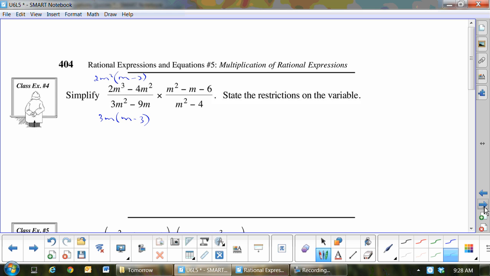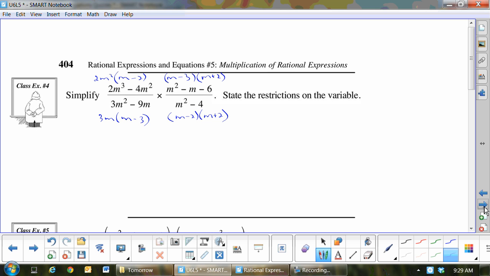Okay, up top, I'm looking for 2 things that add to negative 1 and multiply to negative 6. Negative 3 and 2. And m squared minus 4 is a difference of squares. M minus 2, m plus 2.